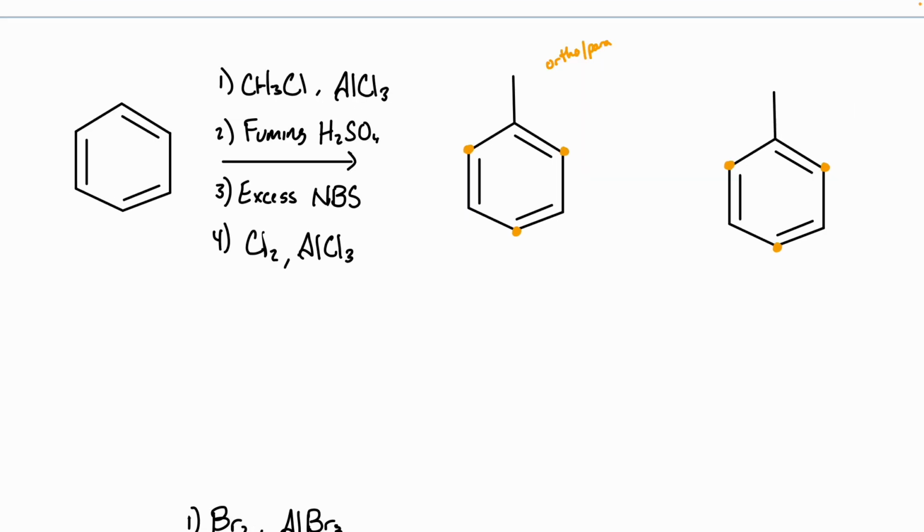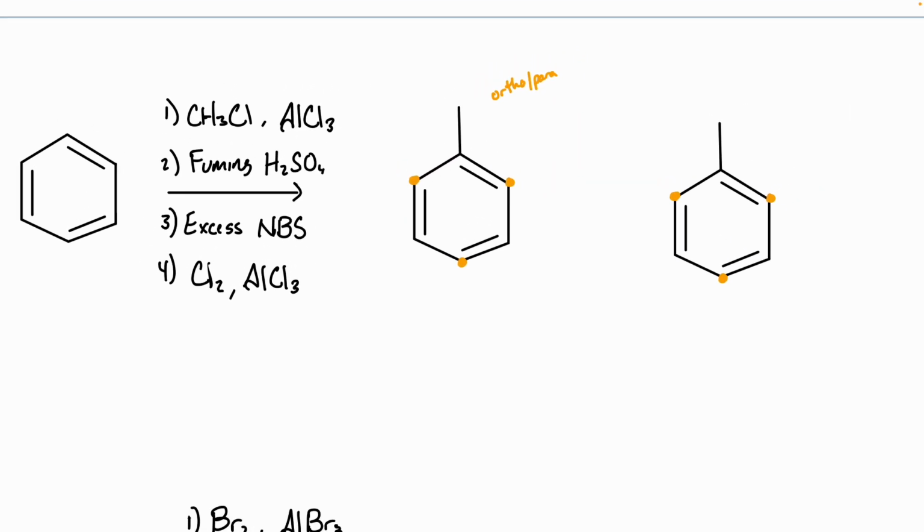Let me make a little bit more room for myself. Okay. My first one will have a sulfonic acid group in the ortho position, and the second one will have that sulfonic acid group in the para position. Okay? Then I'm going to do this third reaction here.